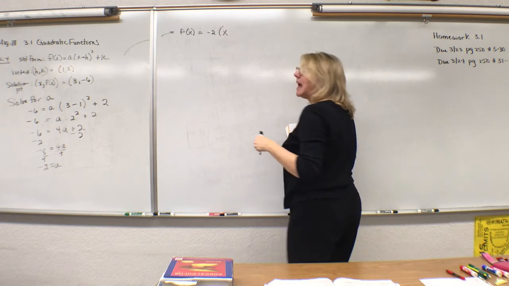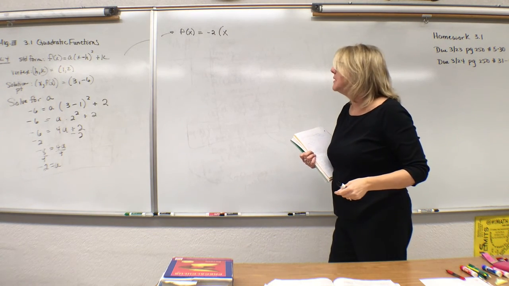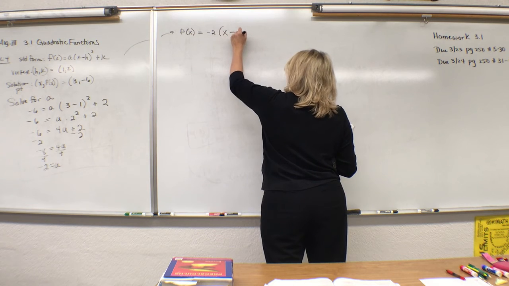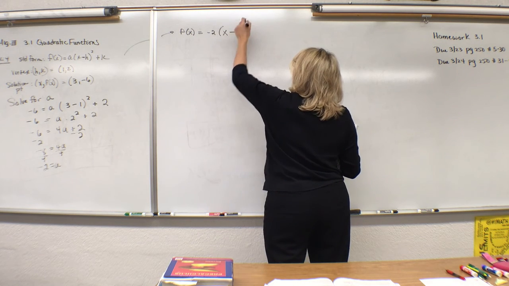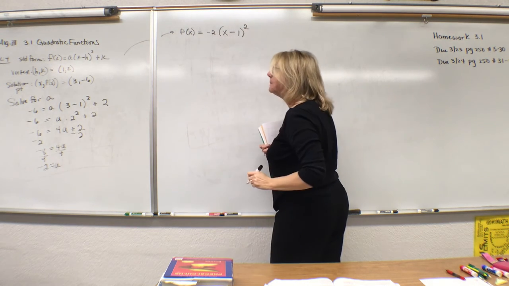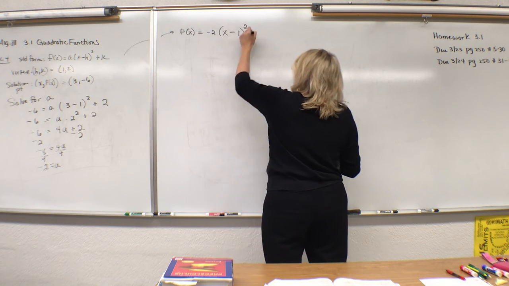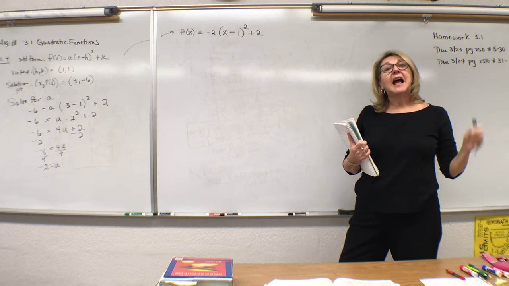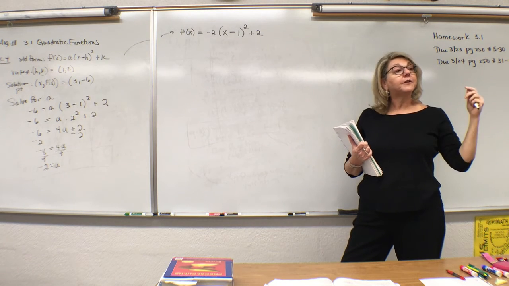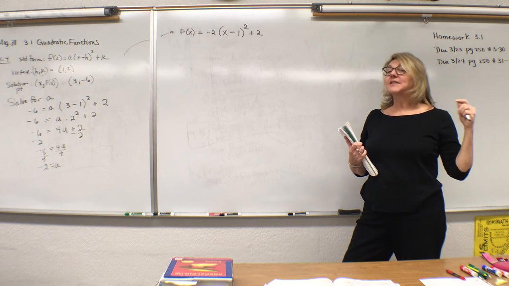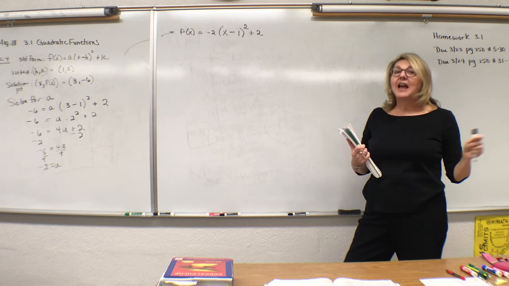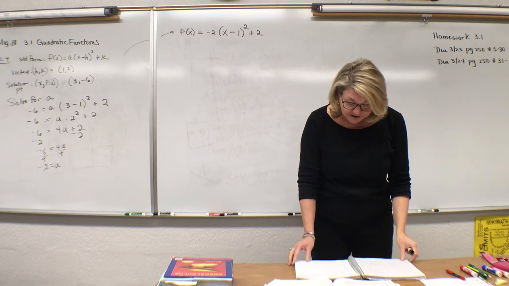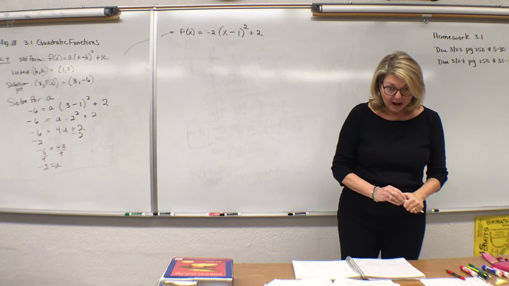I'm going to use x as prescribed, but the h is positive 1, and this is a subtraction pattern, so minus 1, and we're squaring, and the k value is a positive 2. So we have now taken 2 points, the vertex and a solution point, and together we now have the standard form of the equation of this parabola.